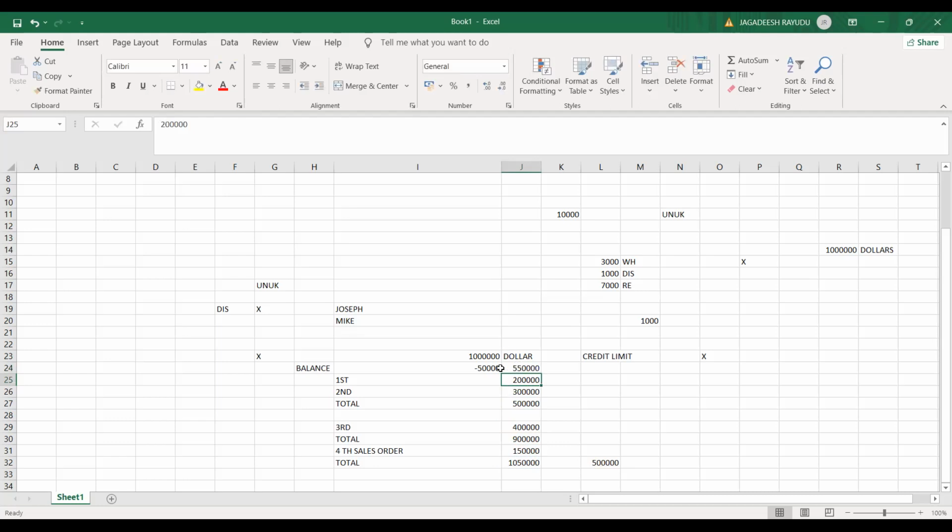So 10 lakh minus 5,50,000 means again 4,50,000 balance is available. Once he pays, his credit limit is readjusted.